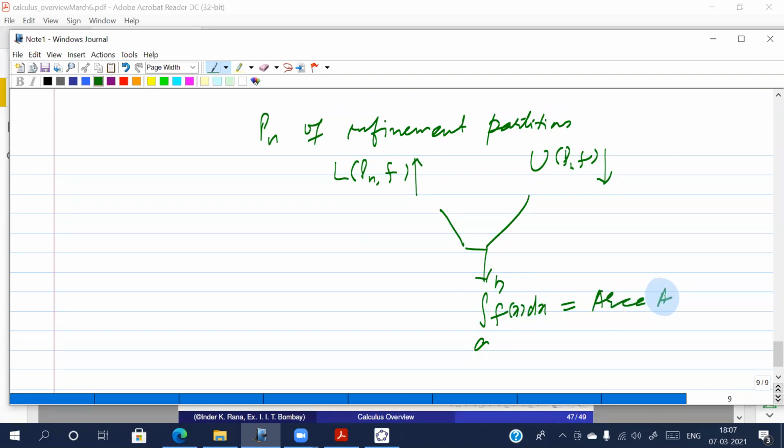So that is the basic idea of what I've explained, the idea of Darboux, which was later on refined by Riemann. Actually, Darboux gave the work later on. Riemann came much earlier. Cauchy had given such an idea.